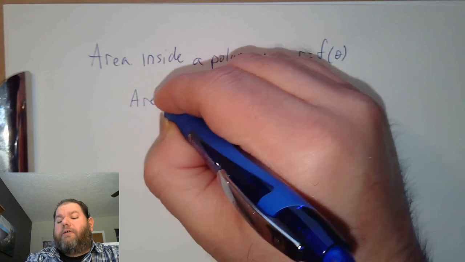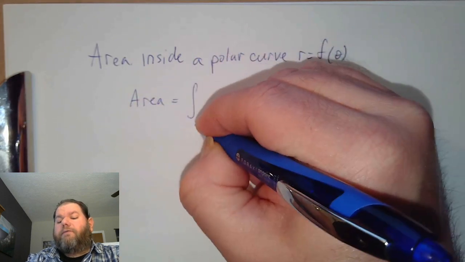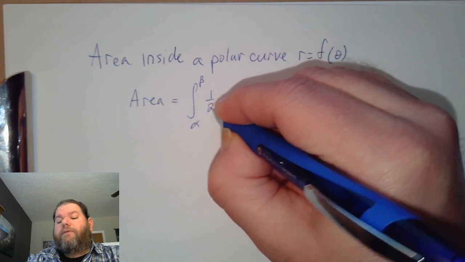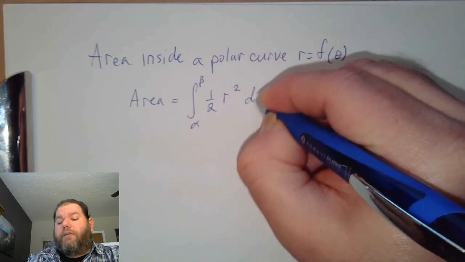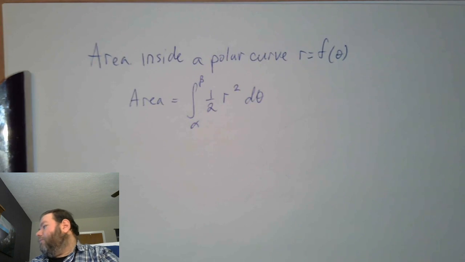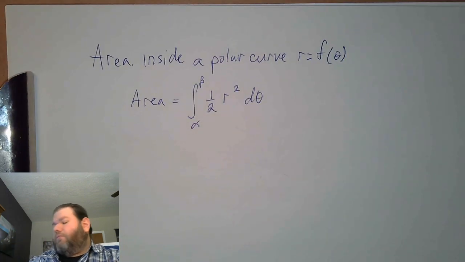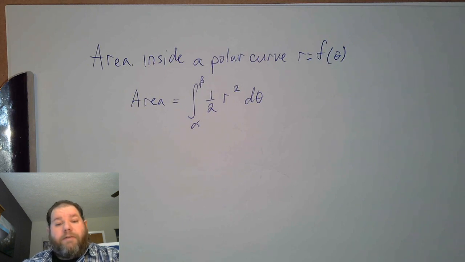The area is equal to the integral from alpha to beta of 1/2 r squared d theta. And so this is our formula for the area. I don't think you need to memorize it, but it might be worthwhile just to memorize it.